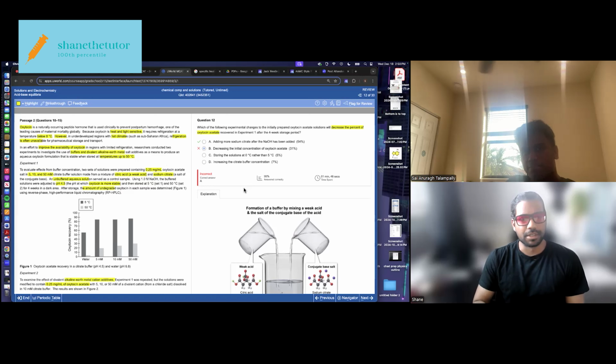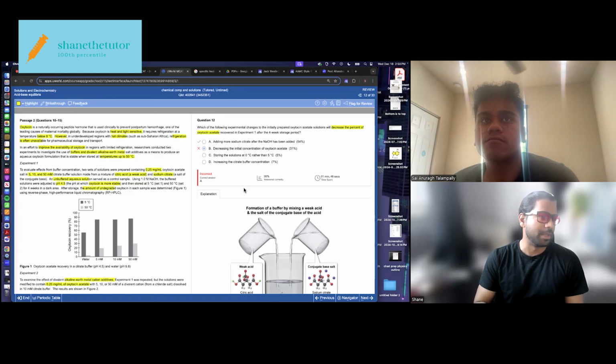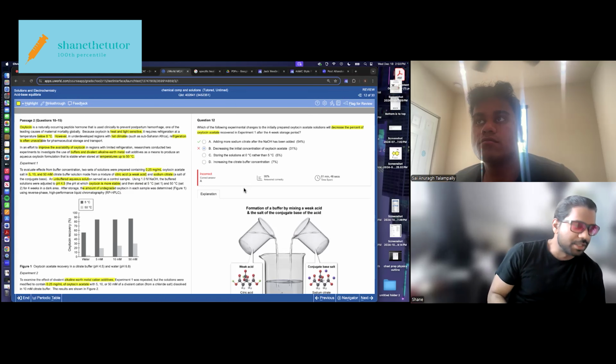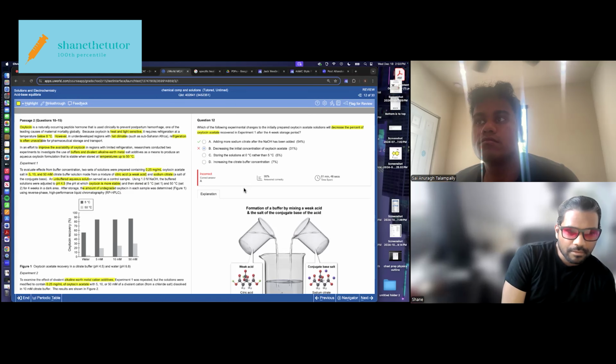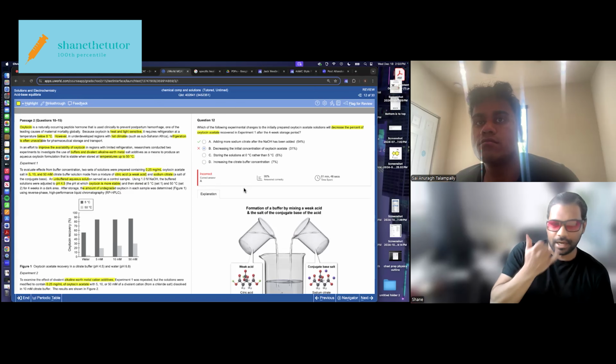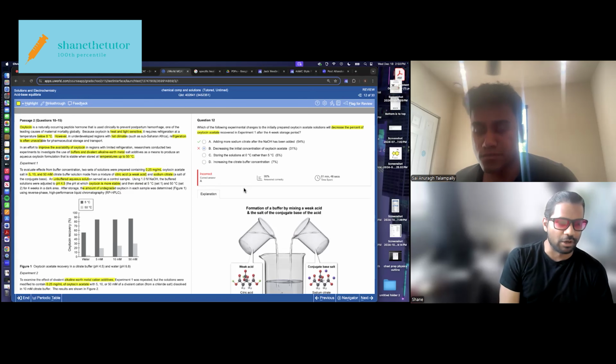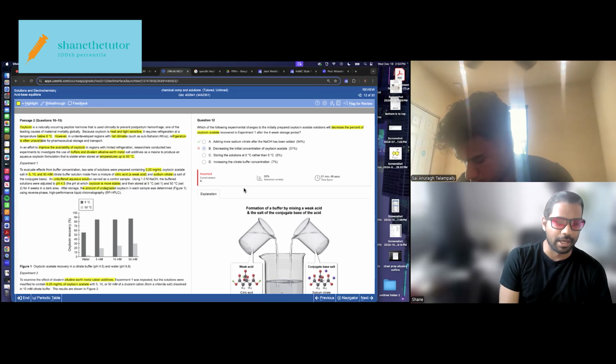The buffered solutions were adjusted to pH 4.5, a pH at which oxytocin is more stable, and then stored at 5°C (set 1) and 50°C (set 2) for 4 weeks in a dark area. After storage, the amount of undegraded oxytocin in each sample was determined using HPLC.